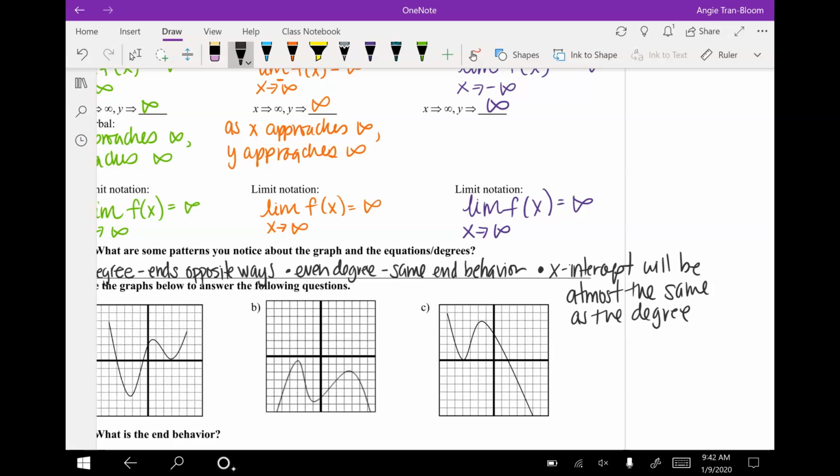How about turning points? At most the same or more or less? 1 less. Good job. Okay, so I'm sorry, did I say end behavior? Sorry, I meant turning points. Turning points will be 1 less than the degree.